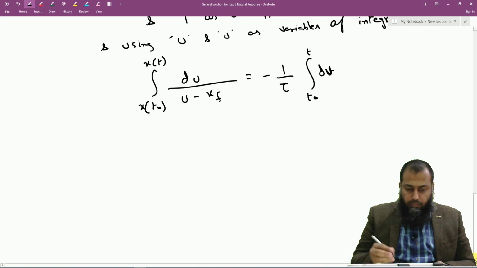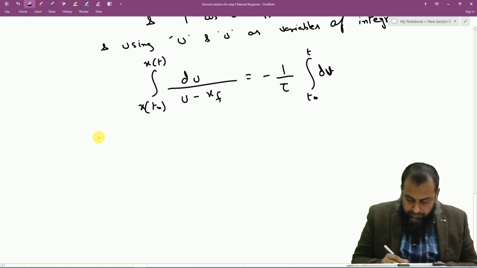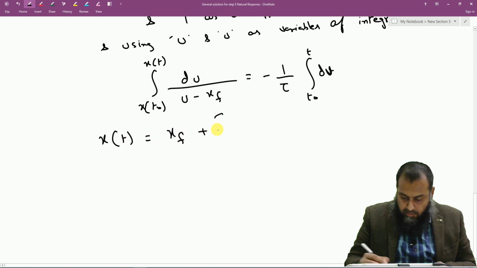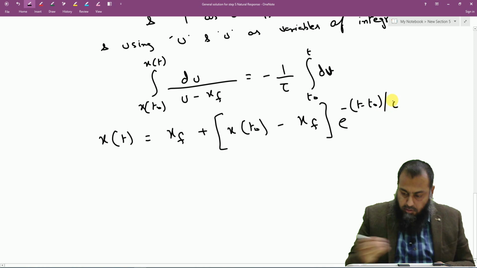So if I solve this equation, then I get x(t) is equal to xf plus x(t naught) minus xf times e to the power minus (t minus t naught) over tau.